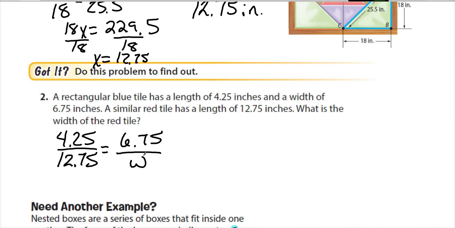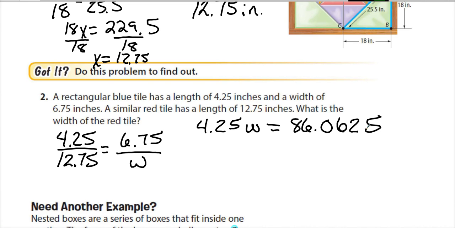Okay, so then from there we will cross multiply. So that will make 4.25x, or W, I'm sorry, equals, and then we have 12.75 times 6.75, so go ahead and type that in if you didn't already. 12.75 times 6.75, and that comes out to 86.0625, which might be kind of crazy here, but hang on. Divide by your coefficient, this time it's 4.25.